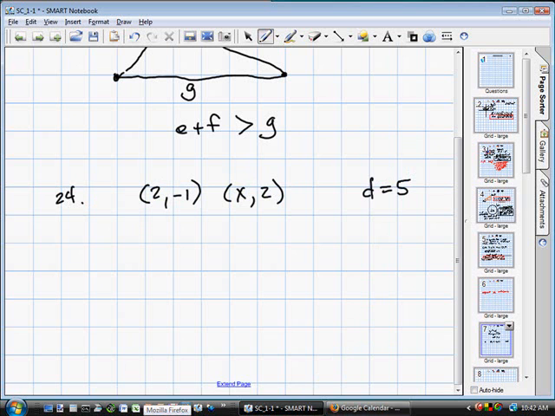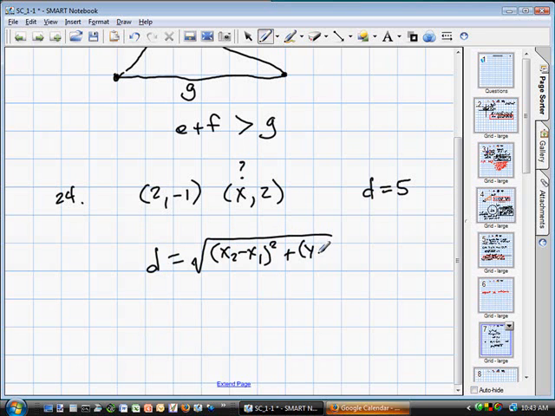How are we going to go at this? Distance formula. Okay, so what's the distance formula? Right? Okay. And we know D. They gave it to us.